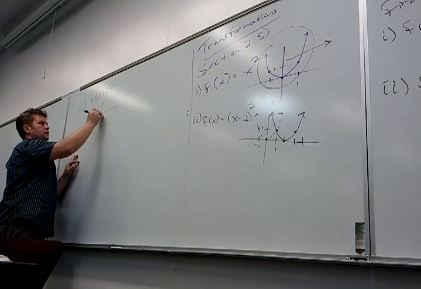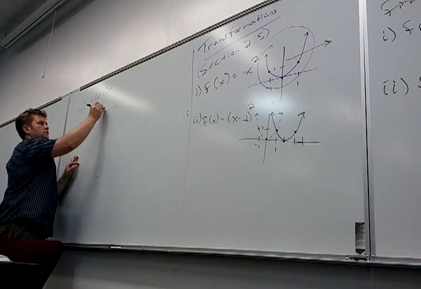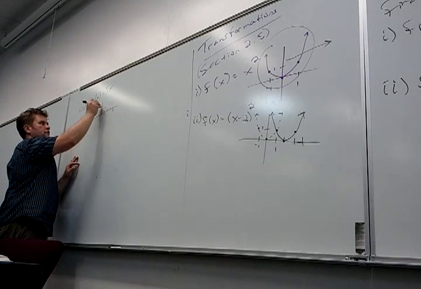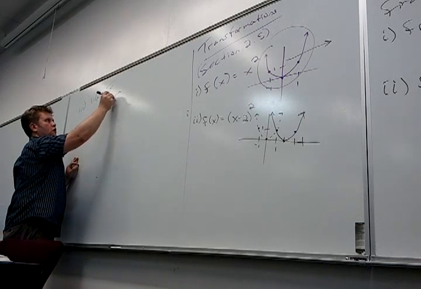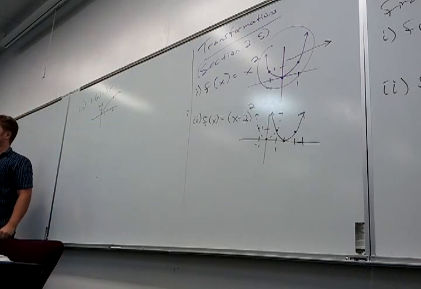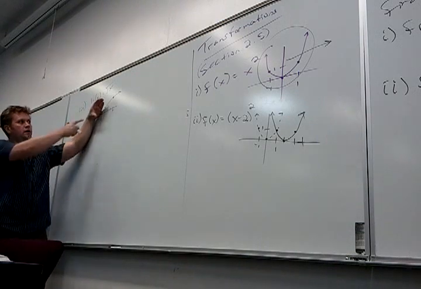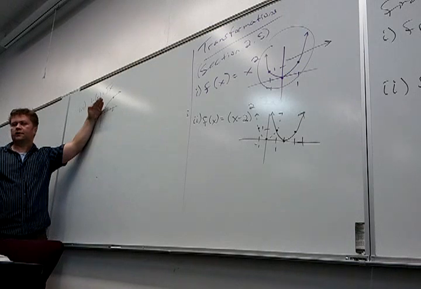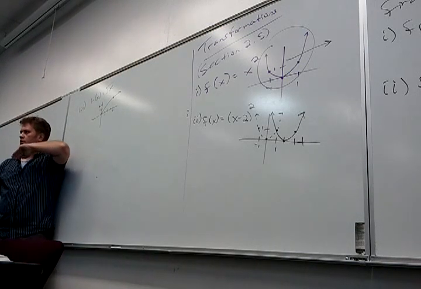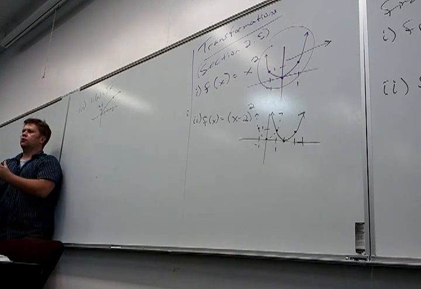So at 0, it's 0. At 1, it's 1. At 4, it's 2. So there's that kind of part of a parabola look to it. It's a parabola that fell over, and it can't be down here because the square root can't have negative output, so that's why it's only up there. Okay, so we definitely should know the look of a square root function.